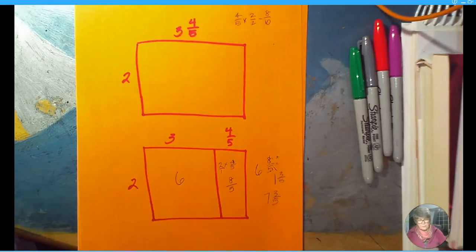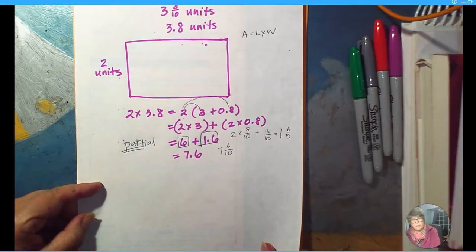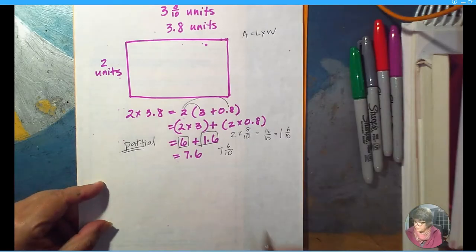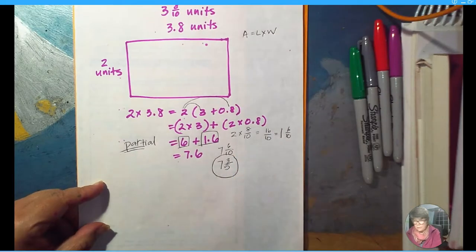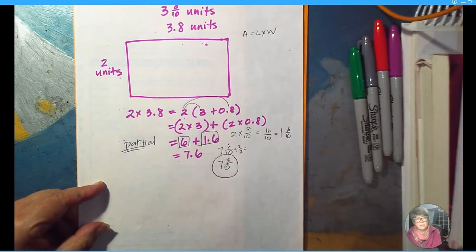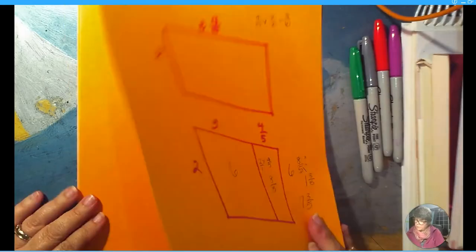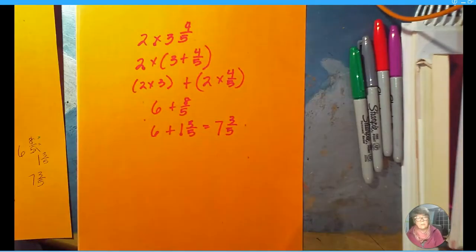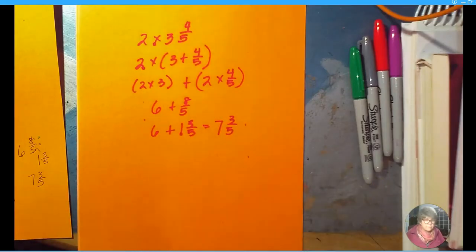And if it sounds familiar, it's because it's the same problem that we did here in the break apart strategy, because 7 6/10 is the same as 7 3/5, right? If we divide both of those by 2, it would be the simplest form. Yes? Okay, very good. And there it is in our break apart, the same that we did. You see it?